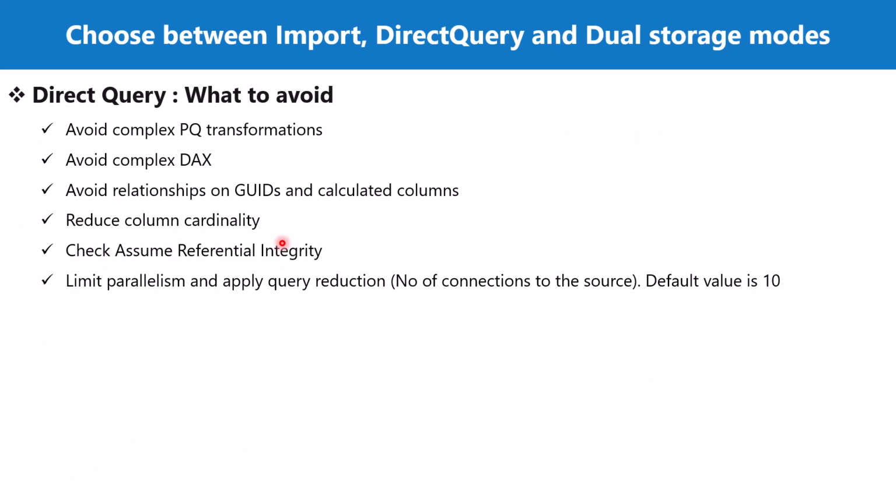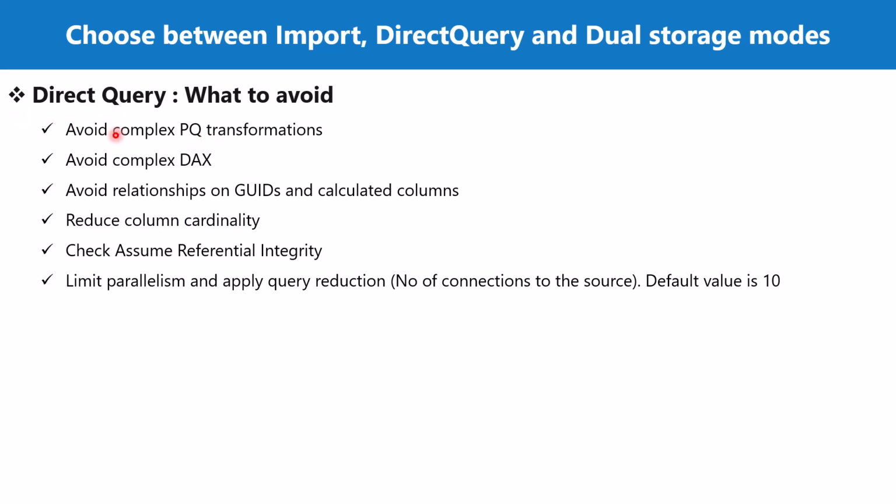So we are still talking about the direct query mode and some of the very important considerations once we are connecting through the direct query mode and we are having the table storage mode set to direct query, which is that there are certain things that you have to avoid.